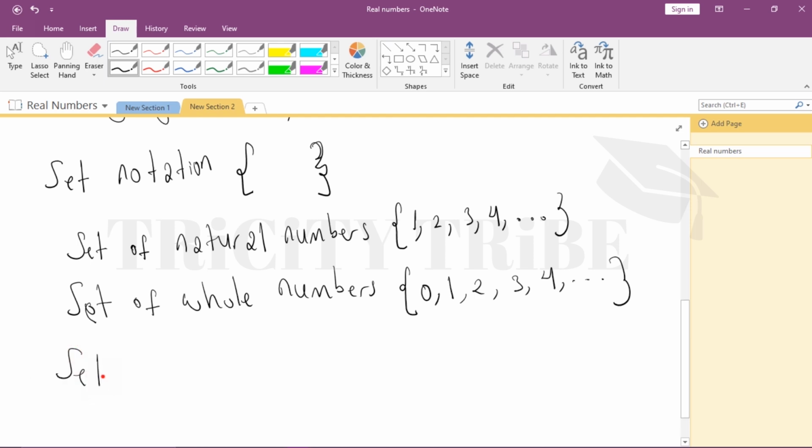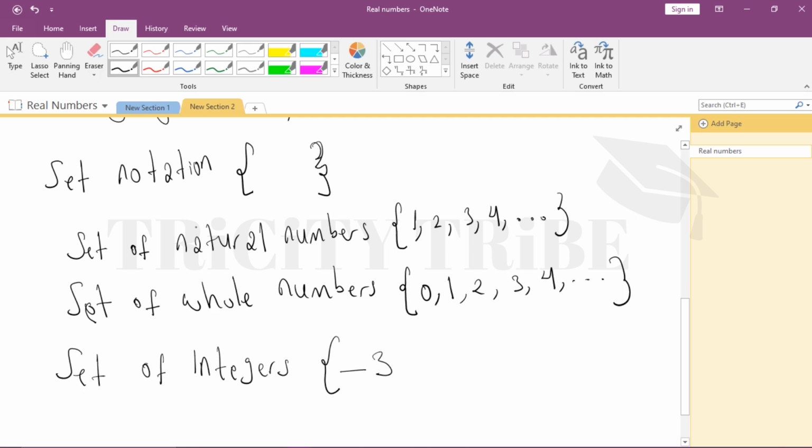Now that will become a set of integers. If you want to transform a set of whole numbers or natural numbers into a set of integers, you need to add negative numbers.